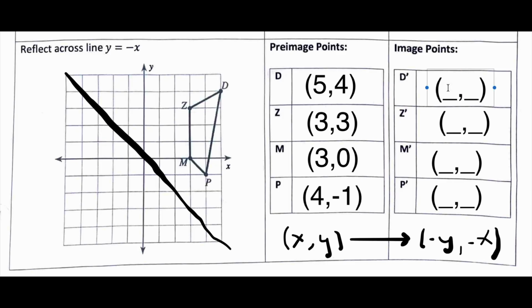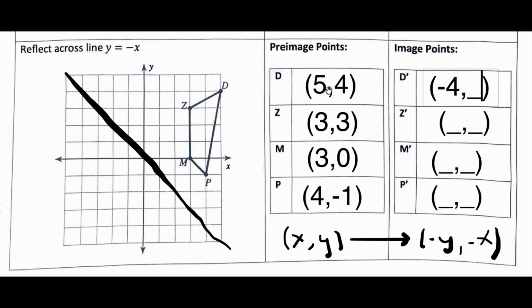Okay, so now applying these coordinates that we wrote down here after we justified that, after looking at the line, let's switch up our image coordinates. Okay, so for D prime, we know that it can become (negative y, negative x). So that means that if our y value is 4, then our x value is going to be negative 4.